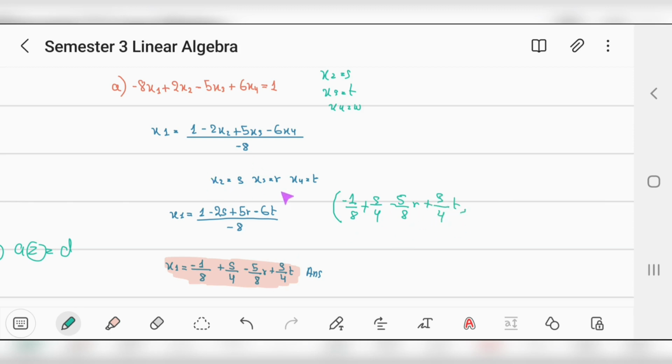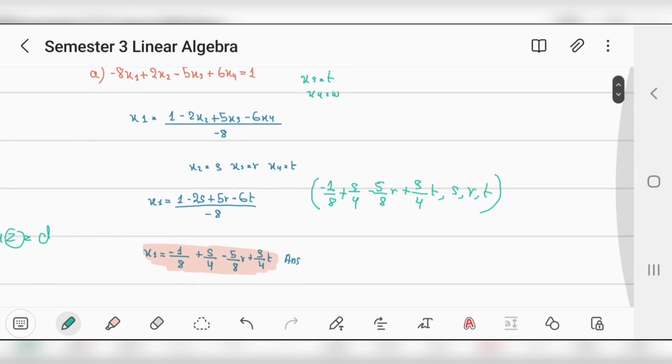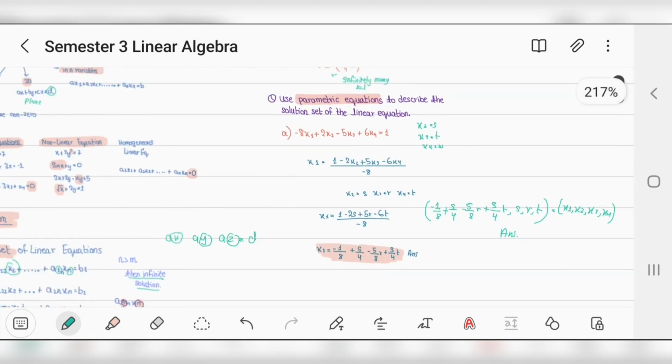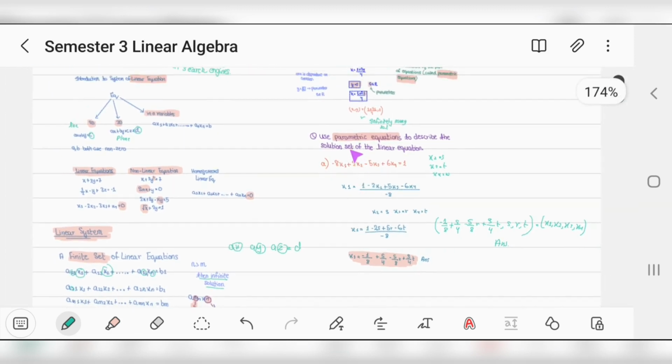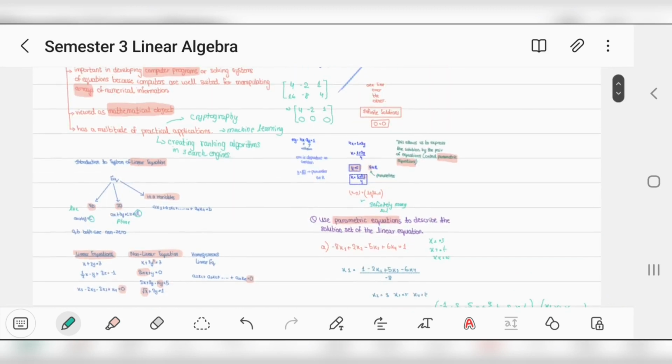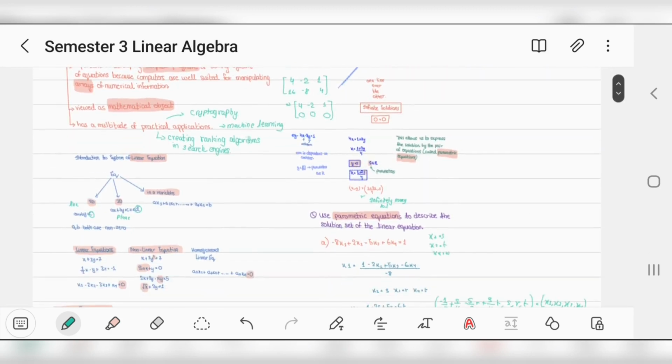Then we can write s, r, t. This is how you write down the answer. So this is x1, this x2, this x3, this x4, and this is the answer. This is how we write down the parametric equation whenever we have infinitely many solutions.